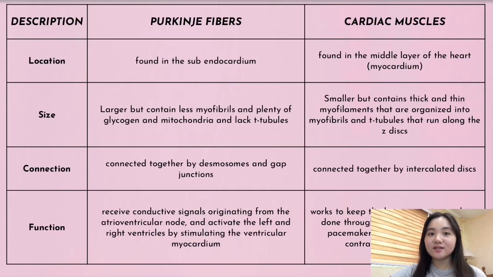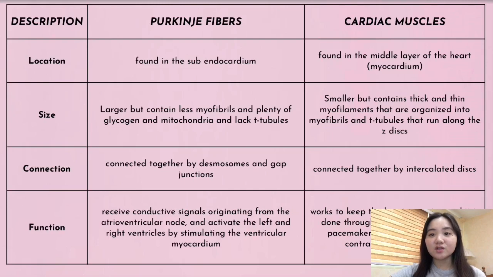Next, let's differentiate Purkinje fibers from cardiac muscles. Purkinje fibers are larger in size and they are found in the subendocardium. On the other hand, cardiac muscles are found in the myocardium. Purkinje fibers are connected together by desmosomes and gap junctions compared to other cardiac muscles that are attached by intercalated discs.